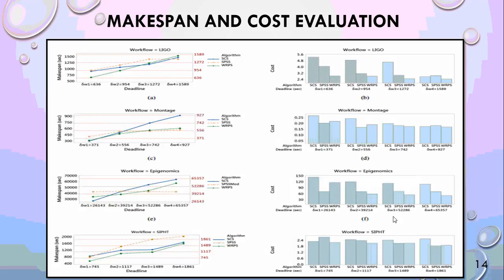And SIPHT is actually a very interesting application because of its topological feature. Even in this case, WRPS remains responsive, and it also meets the deadlines with the lowest makespan and the lowest cost.